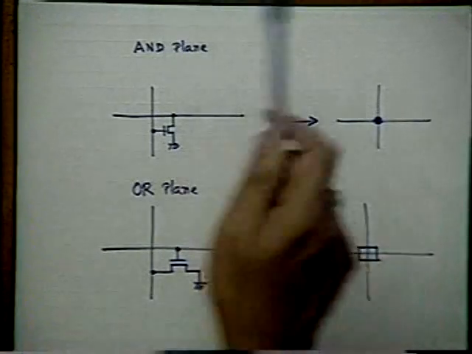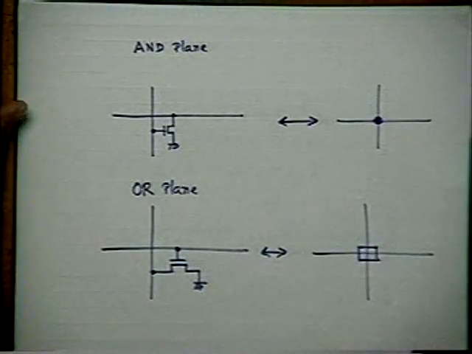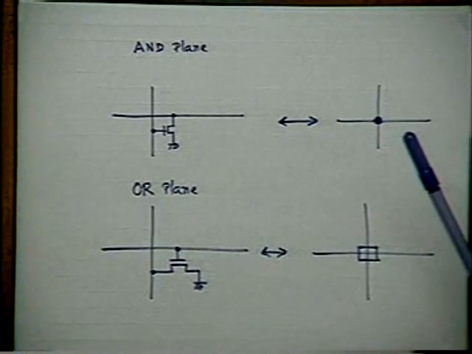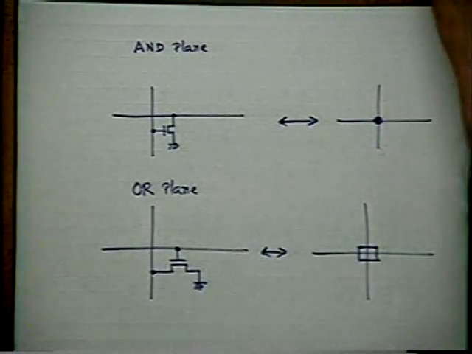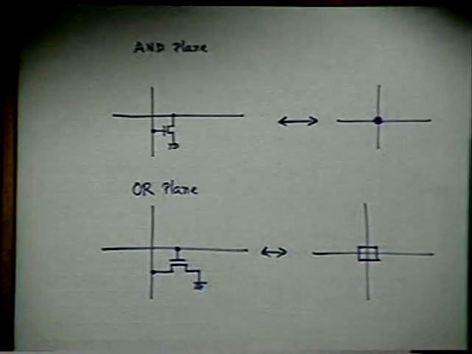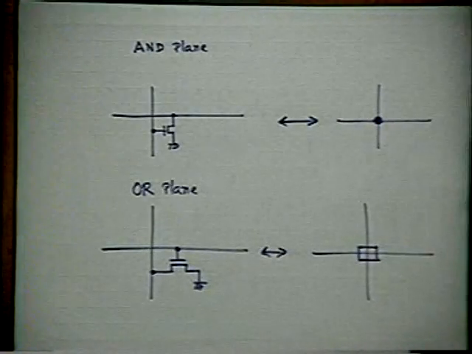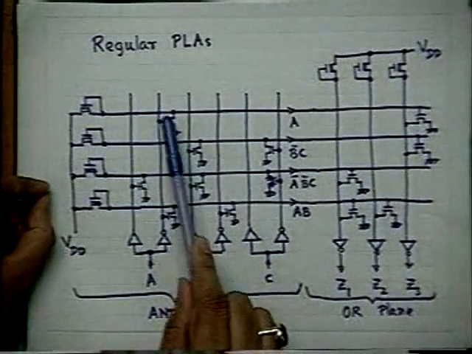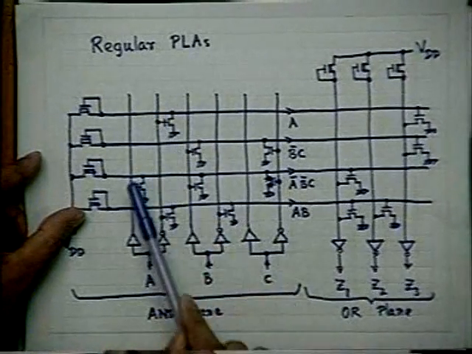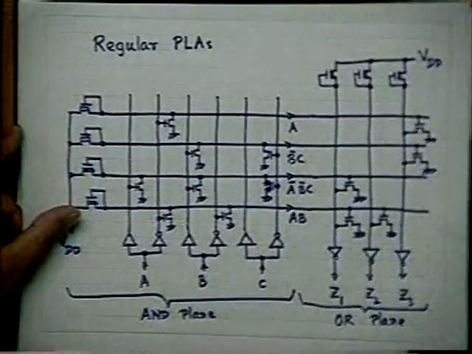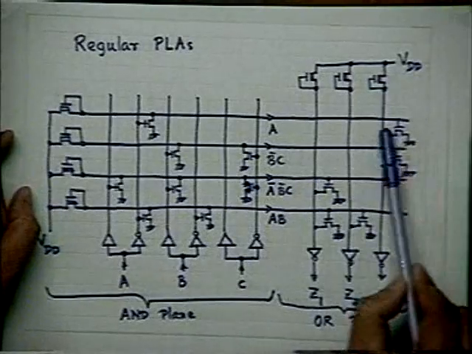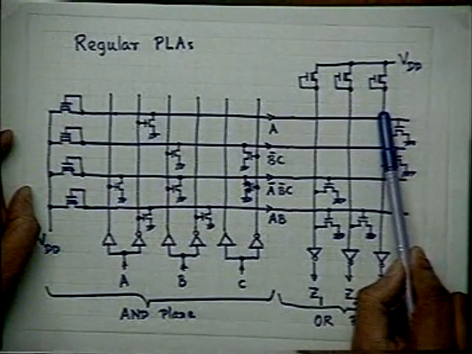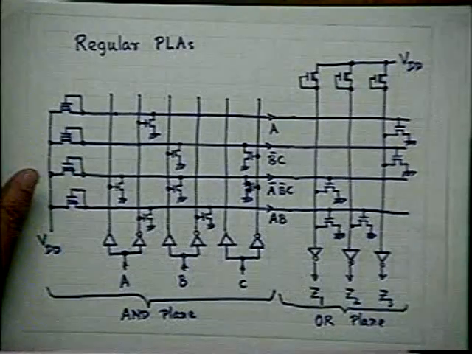I will draw the load transistors as indicated in the earlier case. I am not interested in the stick diagram, which is just for showing the reality of connection in actual VLSI layout. I am interested in drawing the PLA in the normal format I used earlier, but instead of drawing the transistor, I will put a dot. Similarly here I will show a square at these locations, and so on.